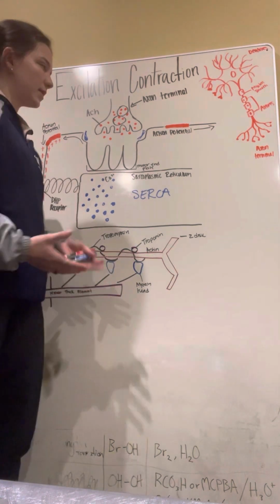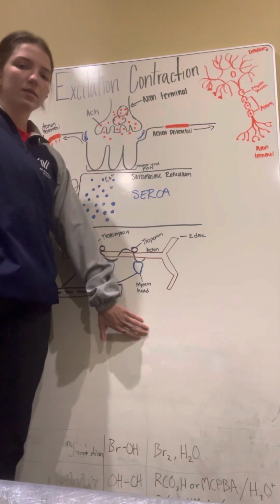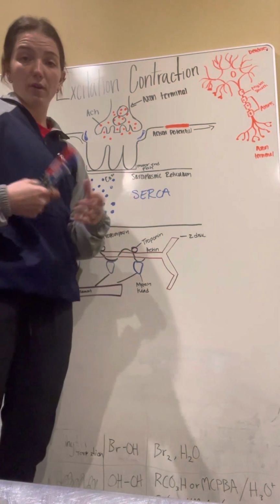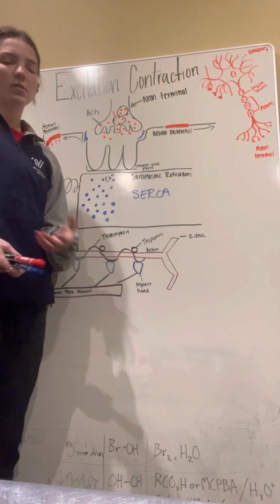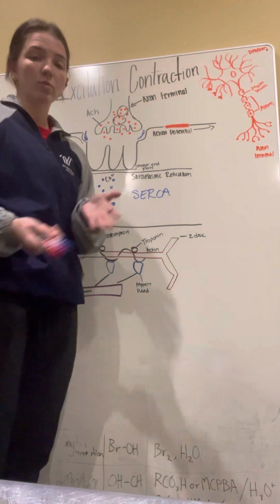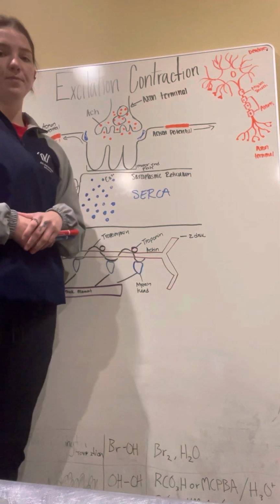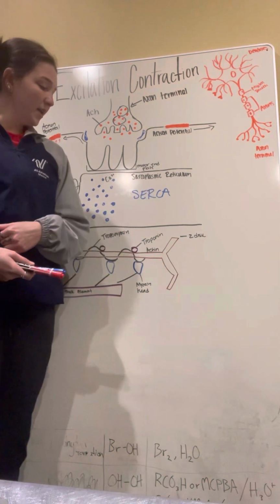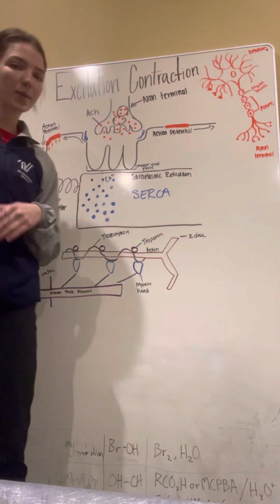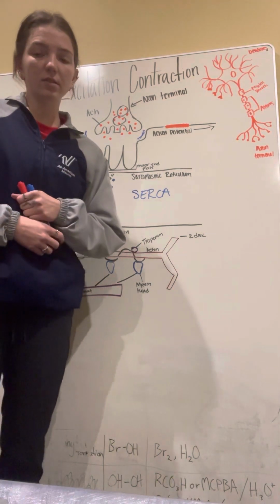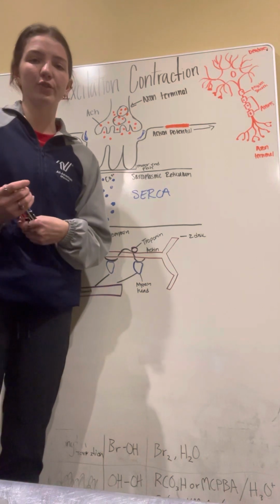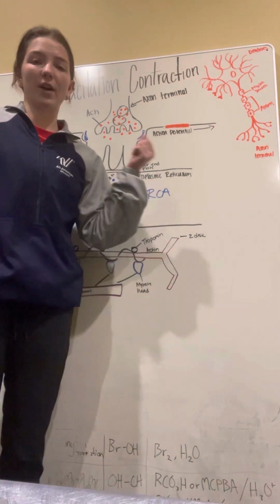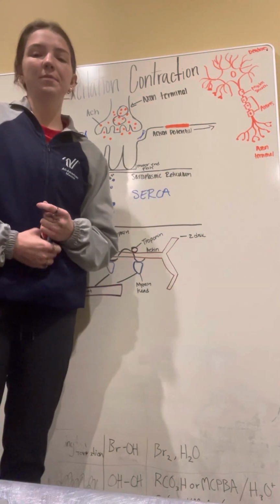But one important thing that we need for these contractions to happen is ATP. ATP makes it possible for those contractions to happen. And so then these little blue dots come into play again. Those calcium ions are going to enable the actin-myosin contraction. They're going to allow the muscle fibers to contract.